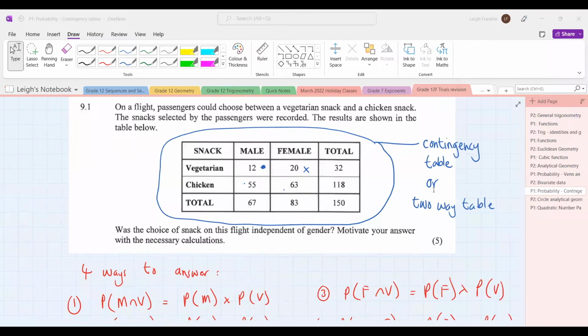So yes, every single time, unless of course they ask you specifically, are the events of being female and vegetarian independent, then you would have to use female and vegetarian. But if they didn't specify, like in this question where they've just said, was the choice of snack independent of gender, it means you can choose the gender and you can choose the snack. Okay, ma'am. Thank you very much. No problem.